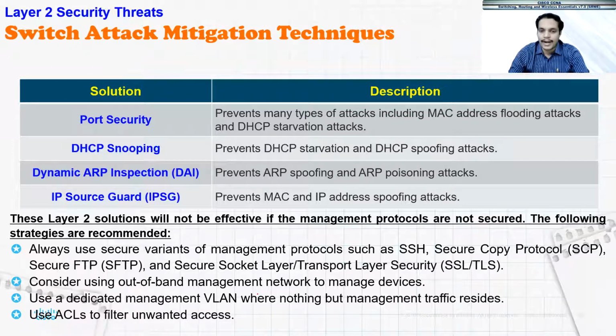Consider using an out-of-band management network to manage the devices. Use a dedicated management VLAN where nothing but management traffic resides. Use ACLs, access control lists, to filter unwanted access. So these are some of the strategies recommended, in addition to all the solutions we mentioned, to make sure that you can mitigate some of the layer 2 security threats.